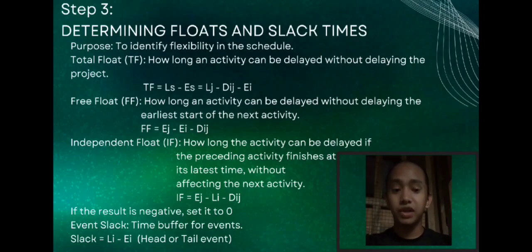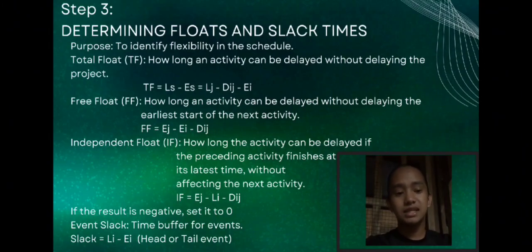Free float. This is about how much you can delay a task without making the very next task start later. So if decorating the venue has free float, you could start a bit later, and it wouldn't stop the food preparation from starting on time. Then the third is the independent float.